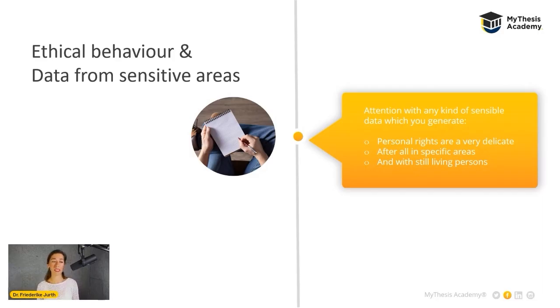If your work is published and anybody from this related area gets to know that this person provided you with one or another piece of information, there can be very difficult and problematic situations for these people. So here you should keep very alert, and you should pay double and triple attention to protect them and their personal rights.